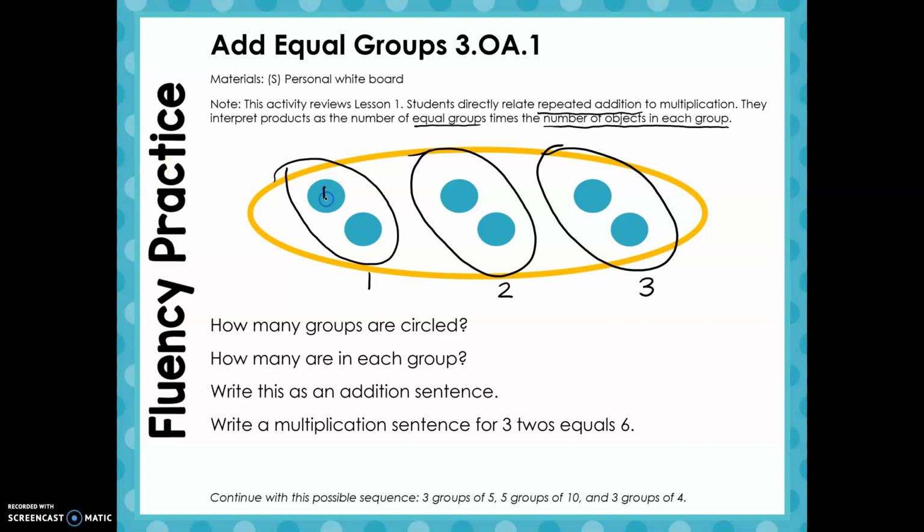We have 1, 2, 1, 2, and 1, 2. So we have 3 groups with 2 in each group.